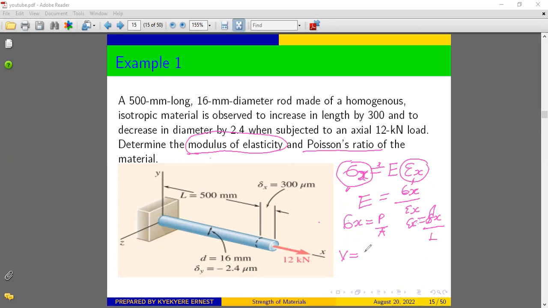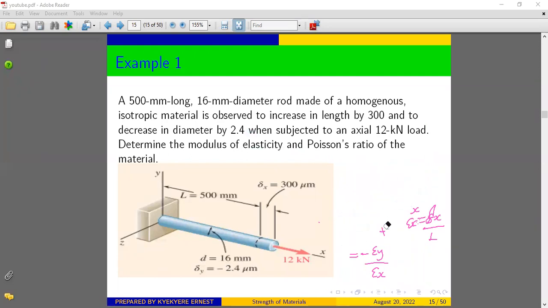So we can take our diameter to be in the z-axis or in the y-axis to give us the same thing. So our Poisson's ratio is going to be negative epsilon y, the strain in the y-axis, over the strain in the x-axis. Having seen these formulas, let's quickly run through this question and see how we are going to analyze the problem.